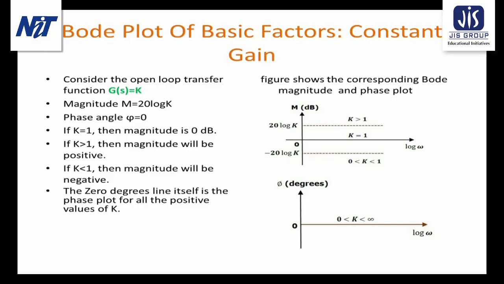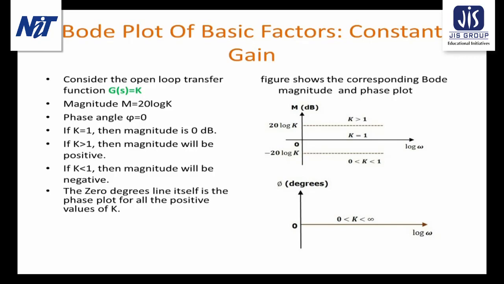So the Bode plot is the horizontal line that is parallel to this real axis at that value level. So if we consider that K is equal to 2, we have to find the value of log 2 and then 20 log 2, and that will be the value of this portion. So the Bode plot will be the horizontal straight line at that level in dB.